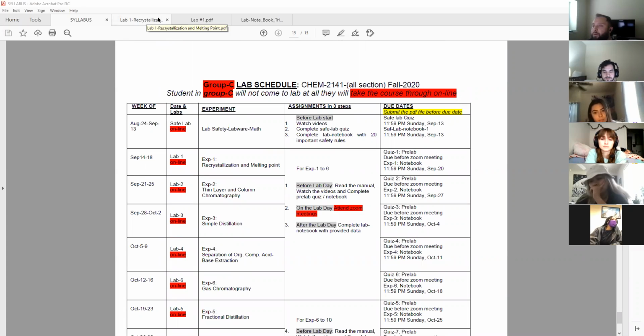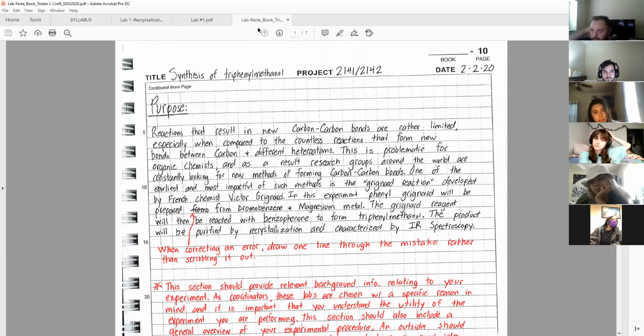And so before we get into the lab, I just wanted to talk about and show you guys, I don't know if you've looked at this example lab notebook in here, but this is basically how it's written out. So type it just the same, have a header, everything like that.